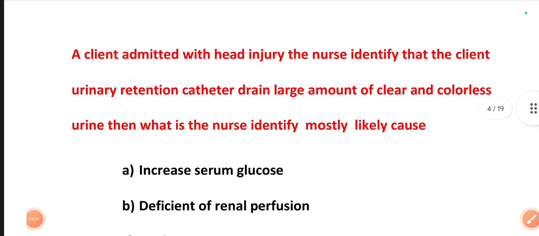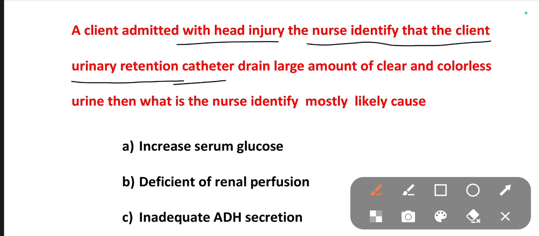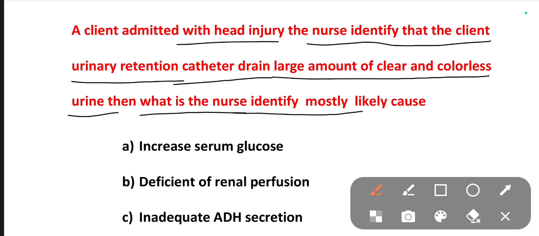The next one is, a client admitted with a head injury, and the nurse identified that the client's urinary retention catheter drained a large amount of clear and colorless urine. Then what is the nurse's finding most likely caused by? The patient had a head injury.